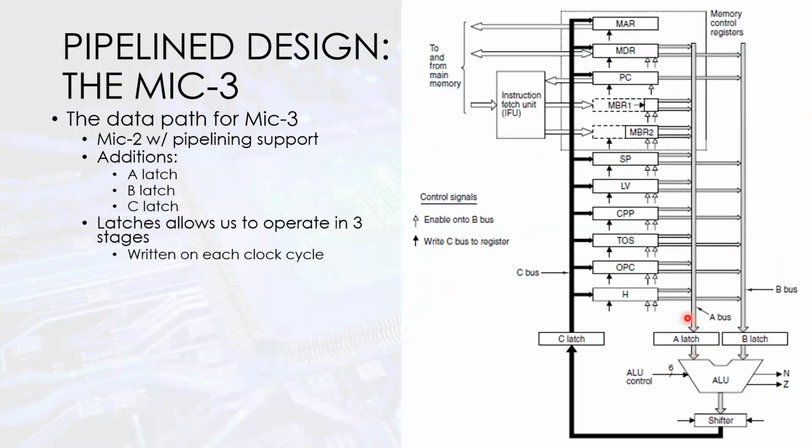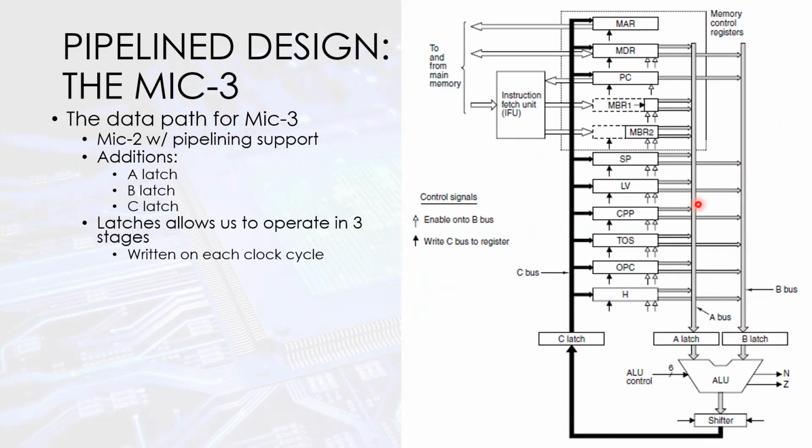So the idea behind the MIC3 is it's just a pipeline version of the MIC2. We take those 3 chunks, and all we do with pipelining is add latches in there. Just like flip-flops, if you want to think about it like that, a latch or a flip-flop. We're adding some kind of memory unit on those lines. This just shows it as an A latch or a B latch.